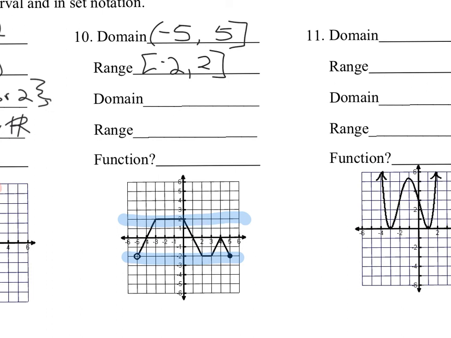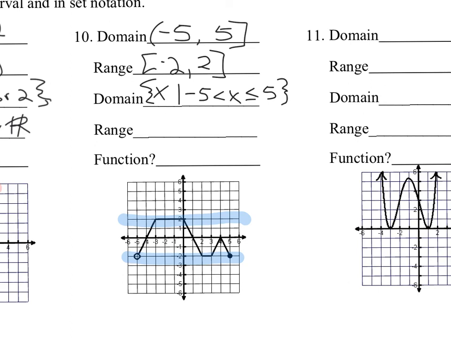Now, looking at the domain in set builder notation, let's go ahead and do that. We have x is such that x is larger than -5, but we're not including it, and less than or equal to +5.